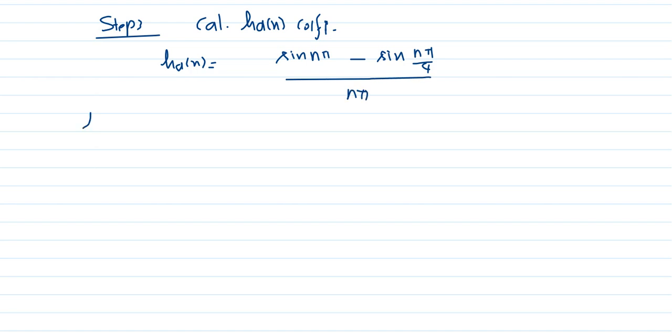Now I have to substitute the different values in the range of 0 to 5, and we have to calculate the values. So HD of 0, if you substitute, it will become 0 by 0 format. So I have to use L'Hospital rule.